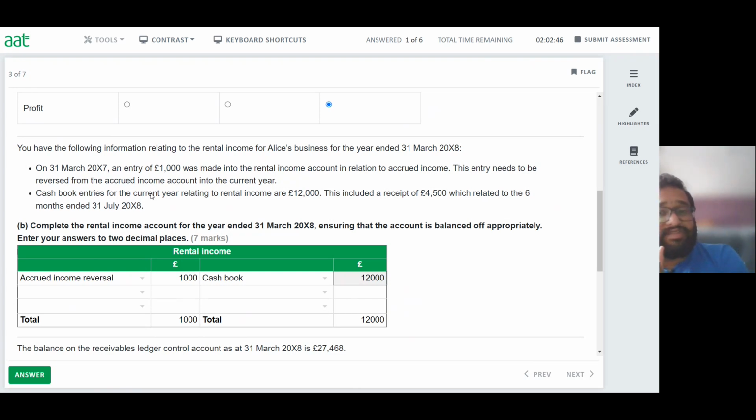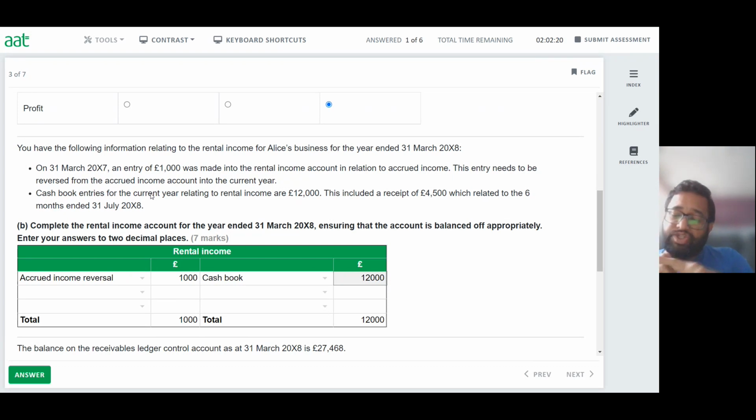So that means from 31st of March 2018 to 31st of July 2018 will all be going as a prepayment, which we now have to remove from that rental income amount we received. So how much is that going to be? First, find out how many months they are. If it's for 6 months up to July, it started basically from February 1st of 2018 to 31st of July.